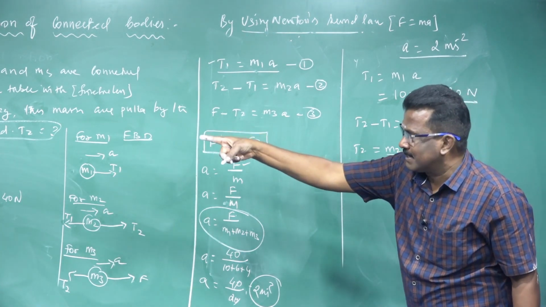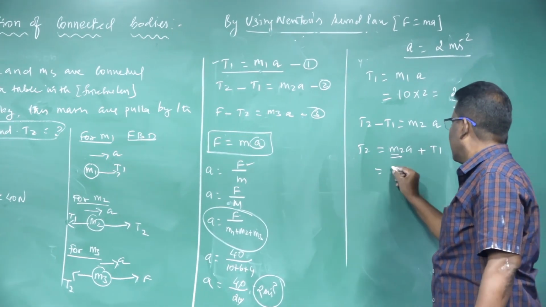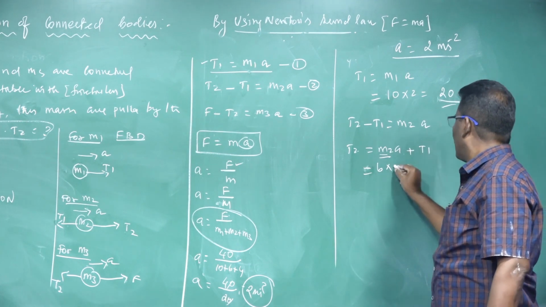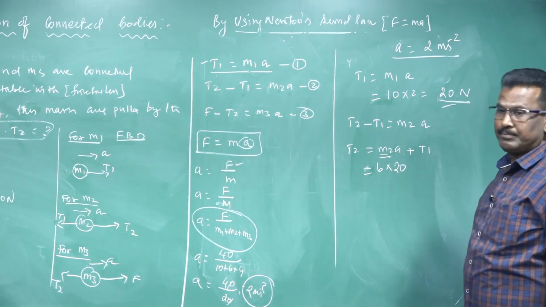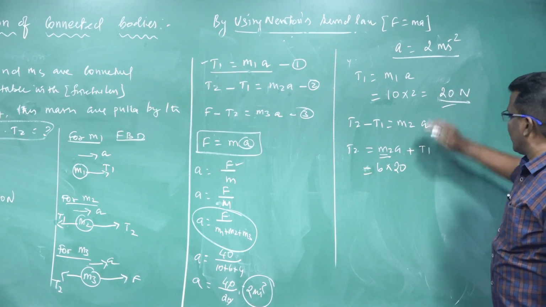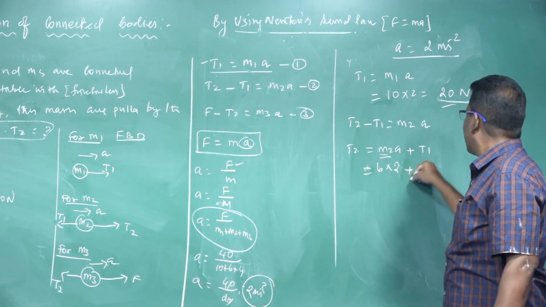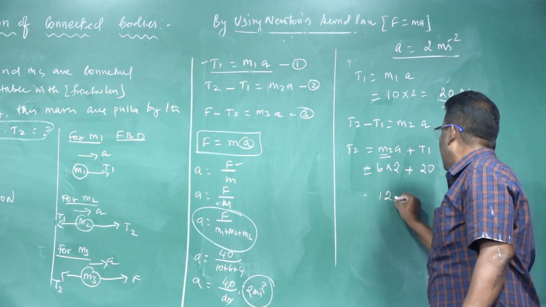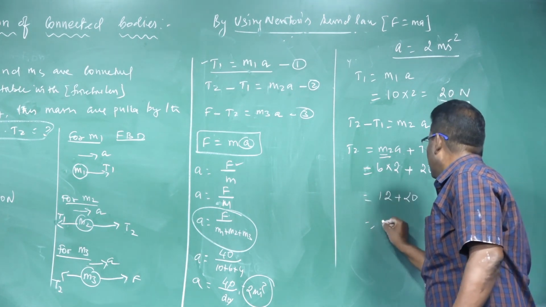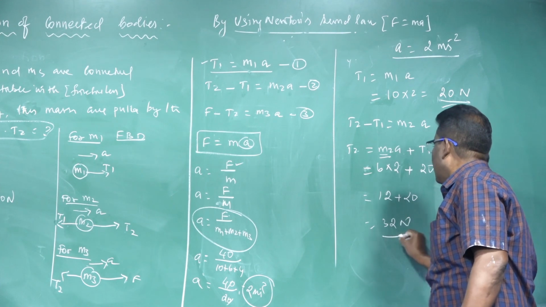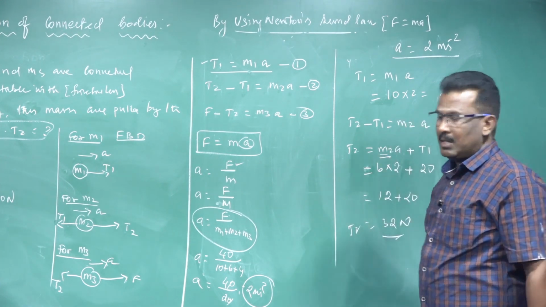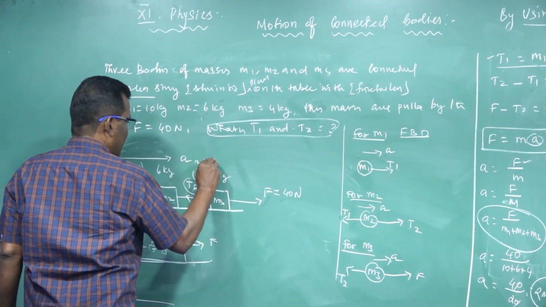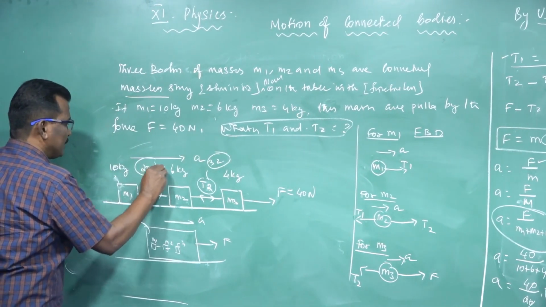The mass of the second body is 6 kg, the acceleration is 2, plus T1 which is 20. So 12 plus 20, 32 Newton. That is T2. T2 is 32 Newton, and T1 is 20 Newton.